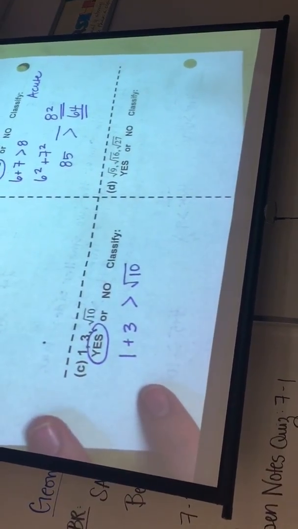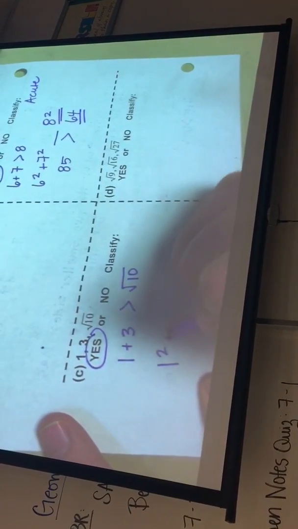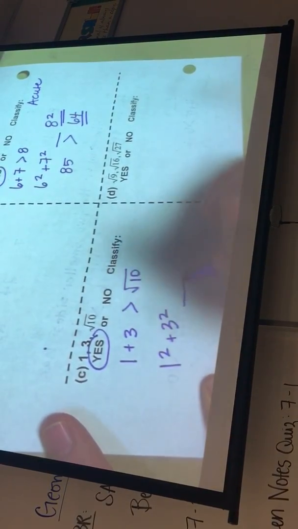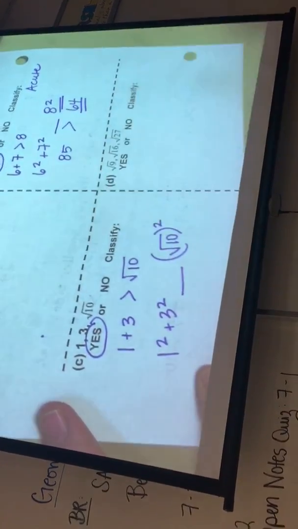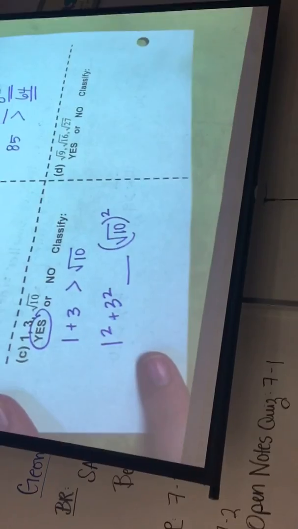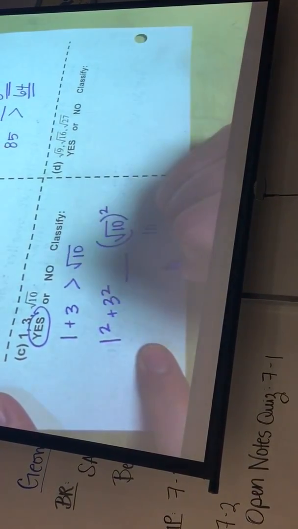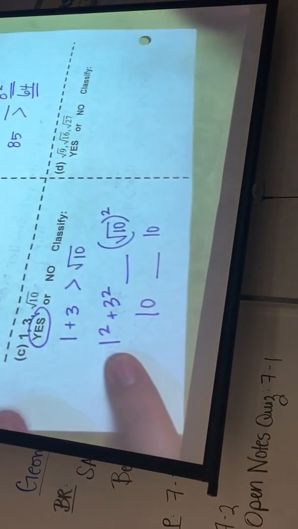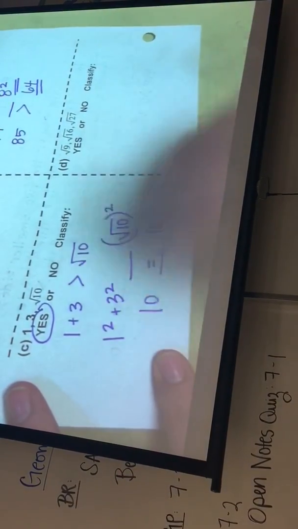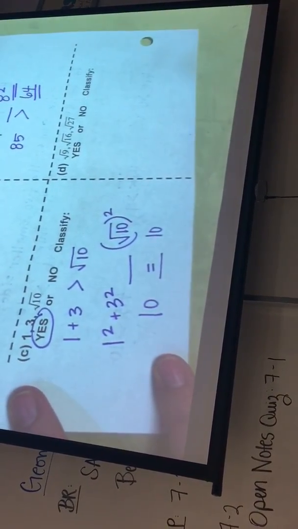I read it wrong. Then we want to classify it. So we do 1 squared plus 3 squared, and the square root of 10 squared. When you have a square root that's being squared, all that does is get rid of your square root. So that's 10, and 1 plus 9 is 10, right? So if it's equal to, what type of triangle is that? Right. Good.